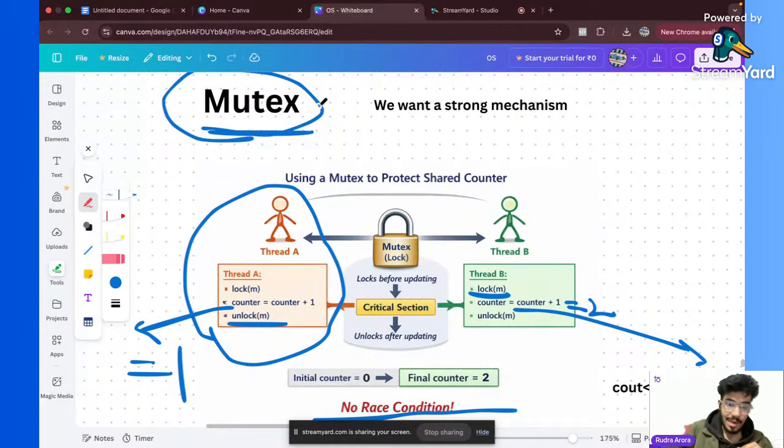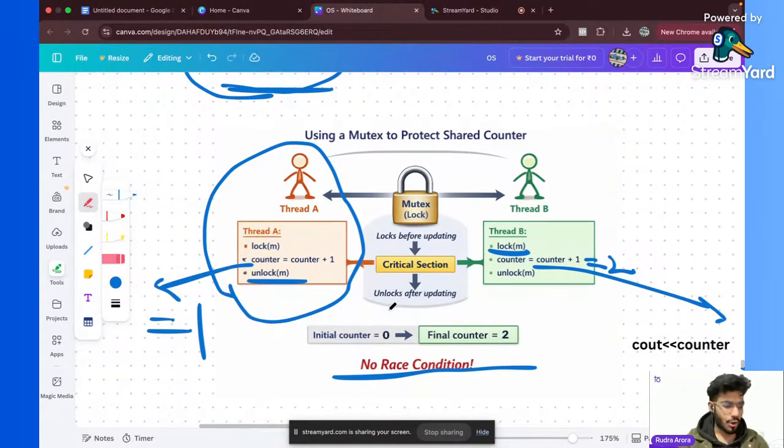When thread A enters, it has a full right to do everything it wants with this particular critical section. It will lock it, so until it is unlocked, no other thread would look into it.